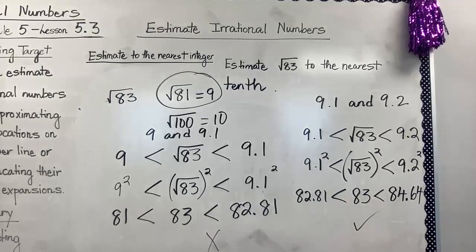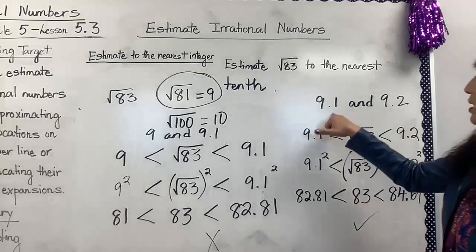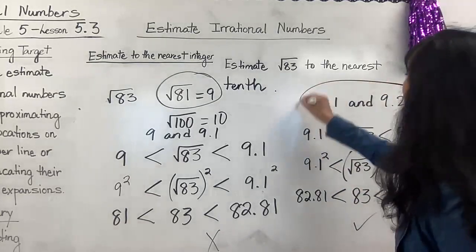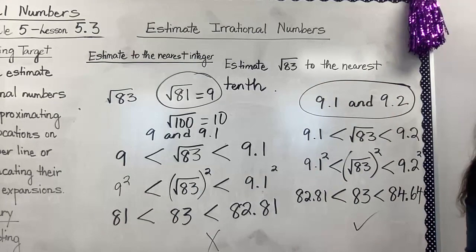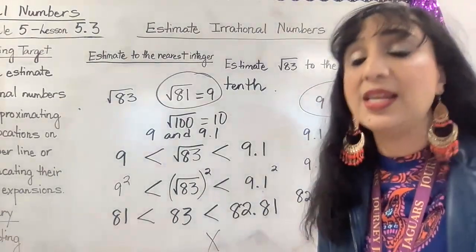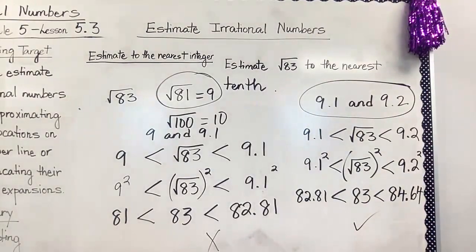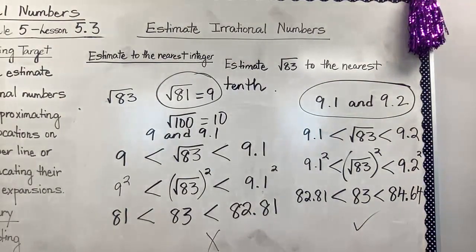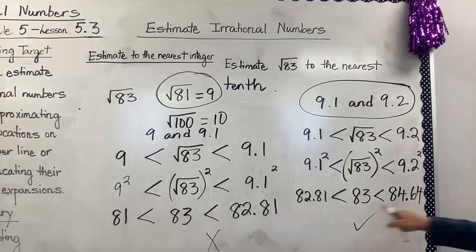Therefore, the square root of 83 is between 9 and 1/10 and 9 and 2/10, if we are estimating to the nearest tenth. And since 83 is closer to 82 and 81/100, this is closer to this number compared to this number.